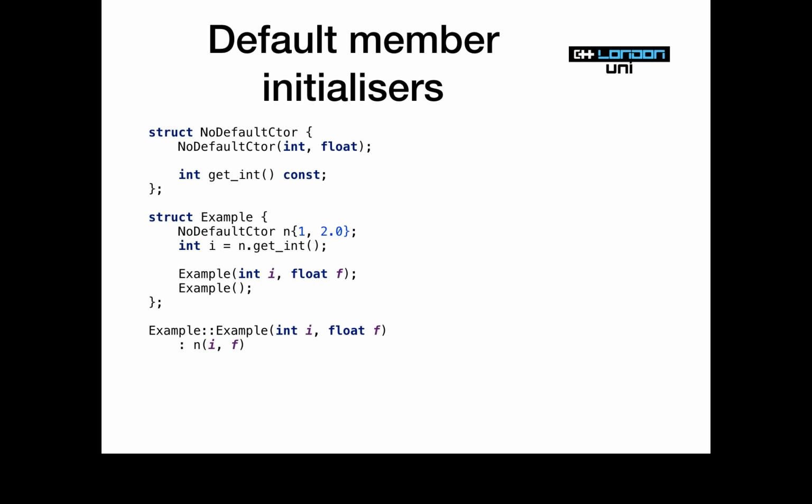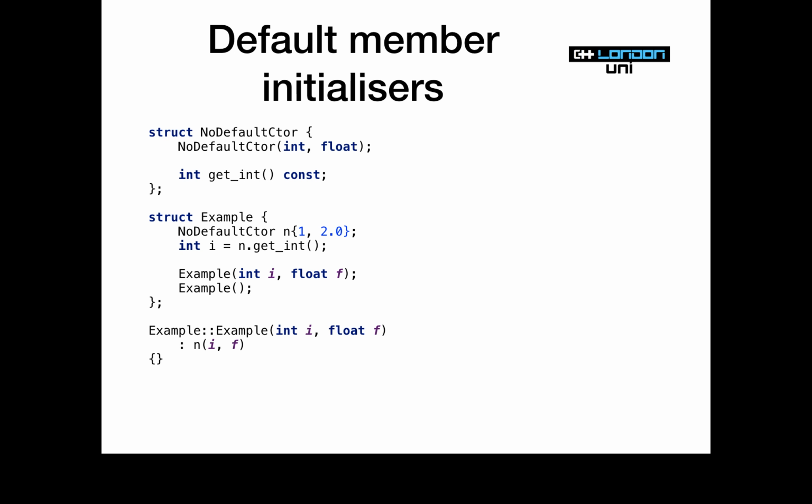This is a common thing to do, to use any constructor arguments that you've received to pass them on to your children, if you like, your members. So this is going to initialize n with these values. And that's all I'm going to do.